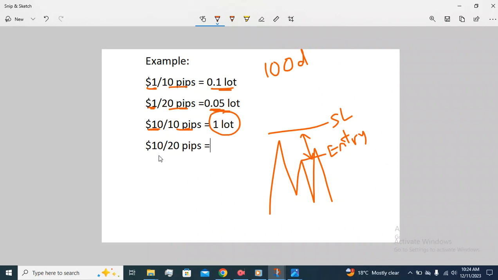And here, if you're willing to lose $10 and the distance between your entry and stop loss is 20 pips, then you take 10 divided by 20, you get 0.5. Then you use a lot of 0.5.